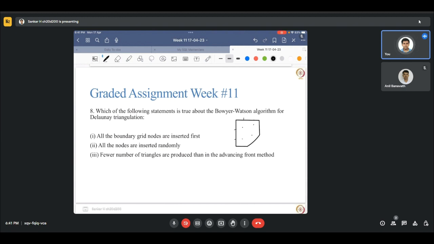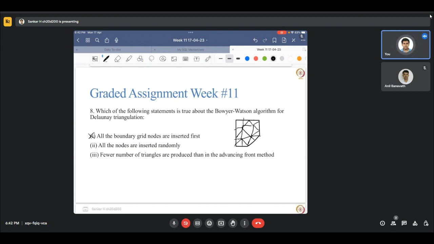And in the Delaunay triangulation, if you recall from the lectures, the nodes are actually inserted very randomly, and it does not necessarily have to be the boundary grids that have to be inserted first. So option 1 is wrong.